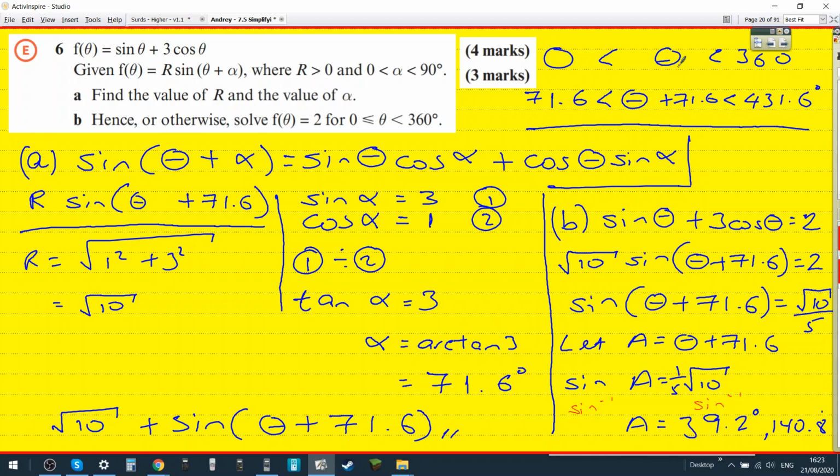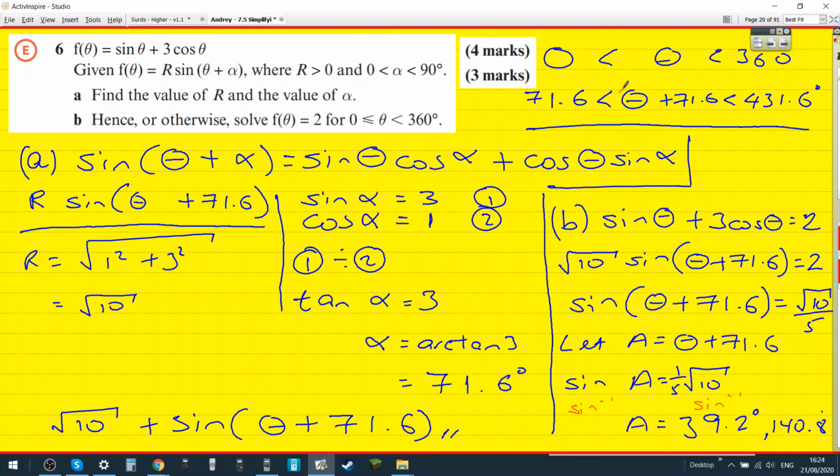Put it into our calculator and hope it gives us all the answers. Or, so it repeats every 360. This time it's between 71 and 431. We have 39. That's too small. How can we use it to get an additional answer that is in the range? 39.2 plus 360. Yep.